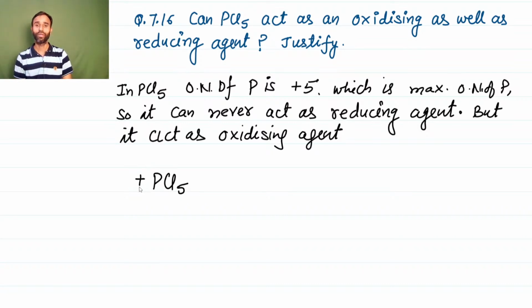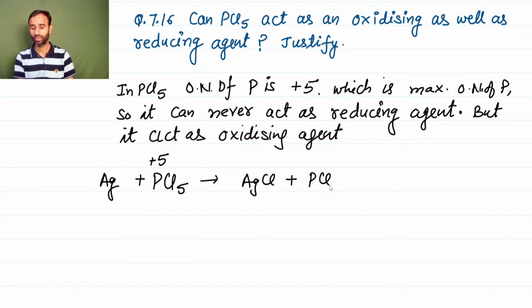So when PCl5 reacts with any element, it can form PCl3. So phosphorus here is +5, and with silver it forms AgCl along with PCl3. Okay, so in this way silver is oxidized from 0 to +1 and phosphorus is reduced from +5 to +3.